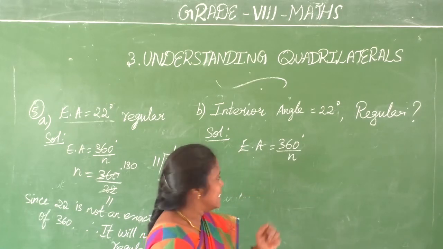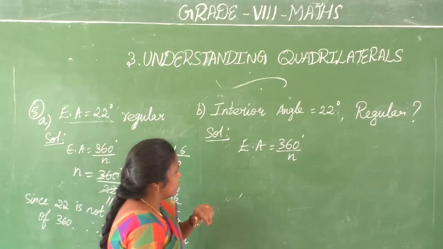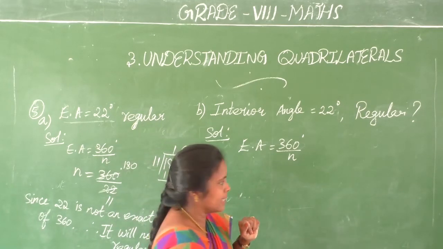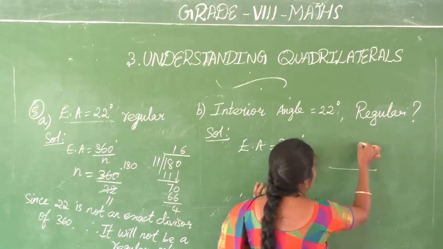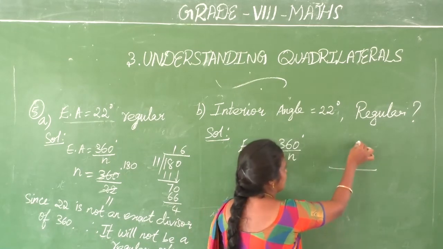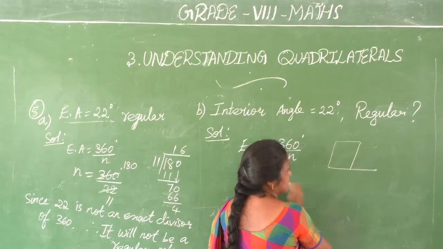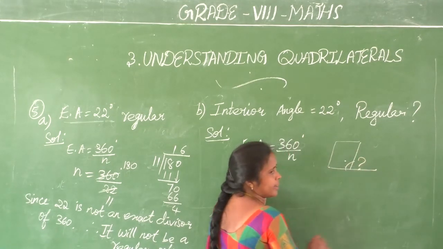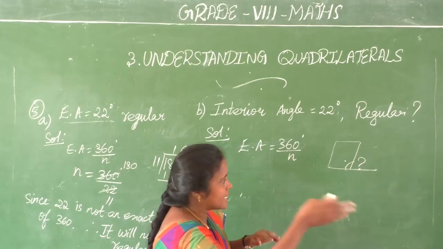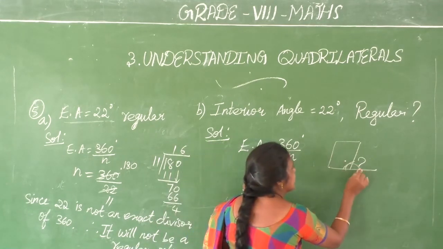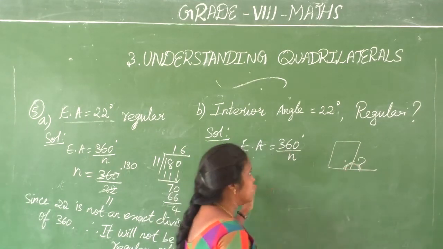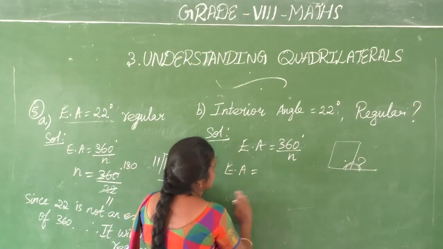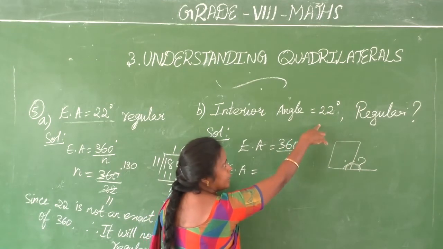How to find it? In the previous question, just now we said how to find the exterior angle when the interior angle is given. Consider this one polygon. See, here the interior angle is given. How do you find its exterior angle? At the same point, adjacent angles addition must be supplementary. Therefore, for finding the exterior angle, we subtract the given interior angle 22 degree.